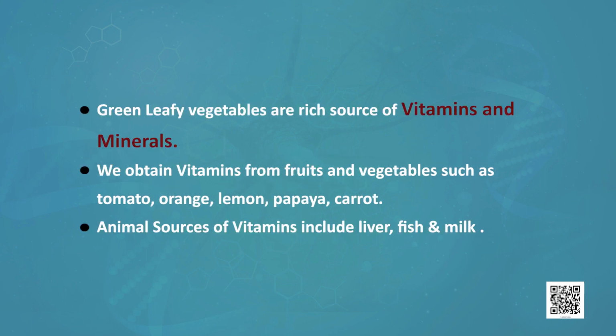Green leafy vegetables are rich source of vitamins and minerals. We obtain vitamins from fruits and vegetables such as tomato, orange, lemon, papaya, carrot. Animal sources of vitamins include liver, fish and milk.